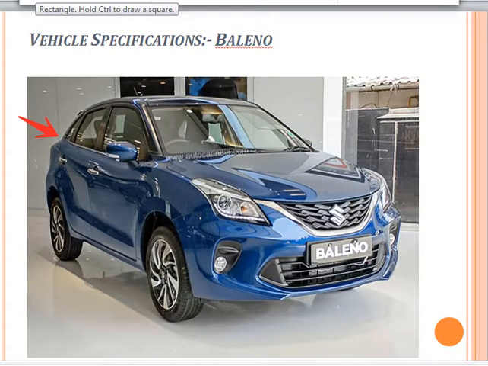So this comes under the category of premium hatchback car. When you go to the showroom or to any website of a car, or if you want to buy a car, the manufacturer will always give the specifications, also called the technical specification of that vehicle. So let us see it in detail.